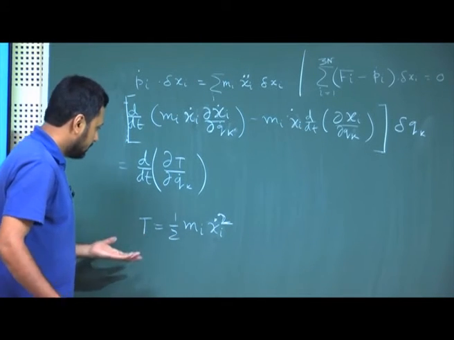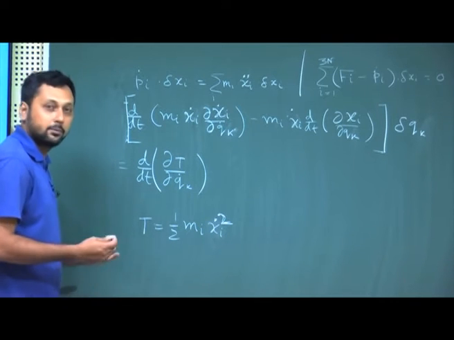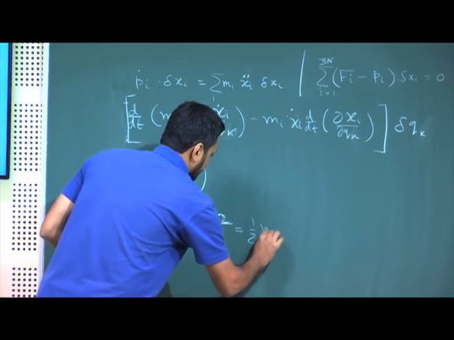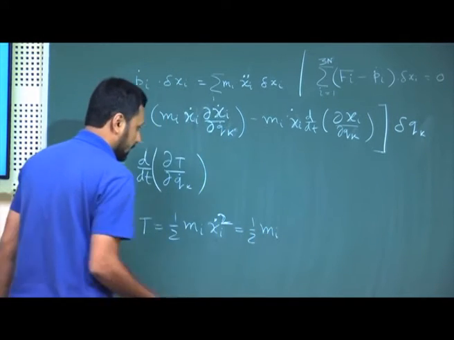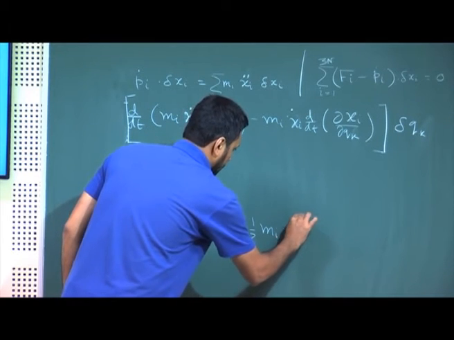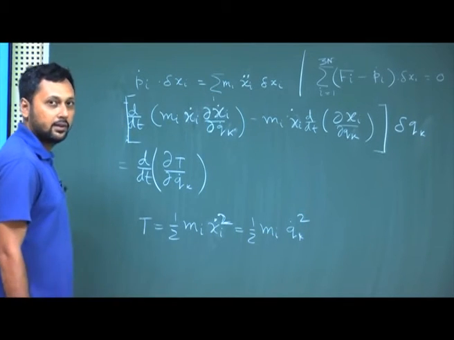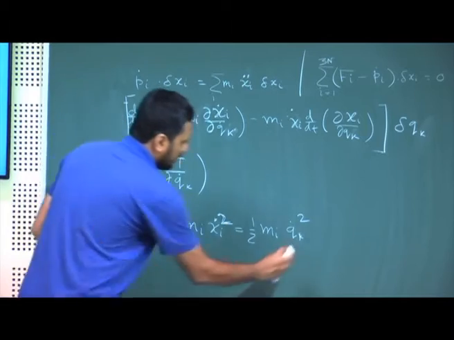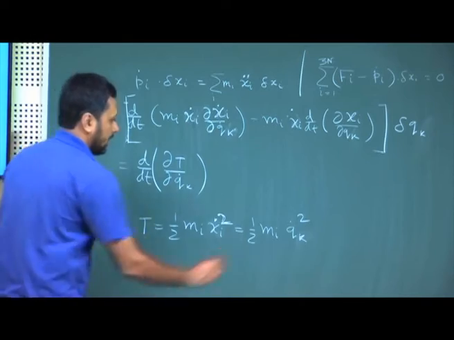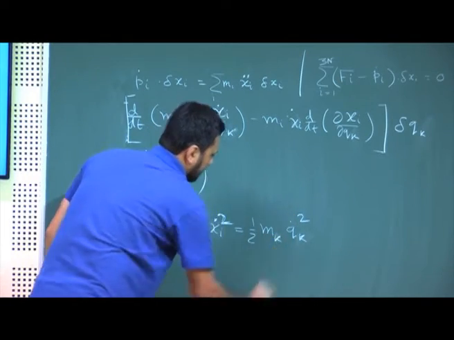If we want to express it in terms of generalized coordinates, T will be simply half mk qk dot square, the index has to match.